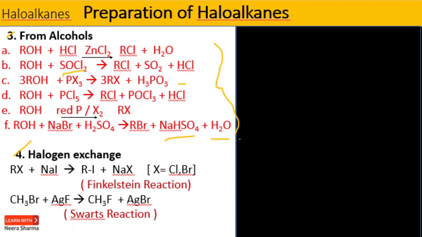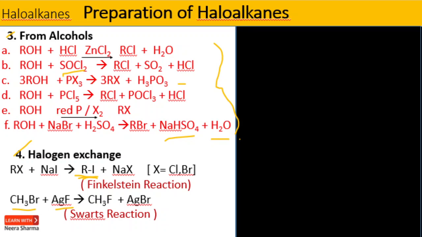If I take RX, where X can be chlorine or bromine, and treat with sodium iodide, I get an iodo product. And to get a fluoro compound, if I take CH3Br and treat it with AgF, I'll get fluoromethane.